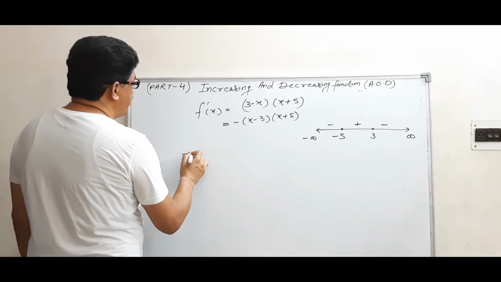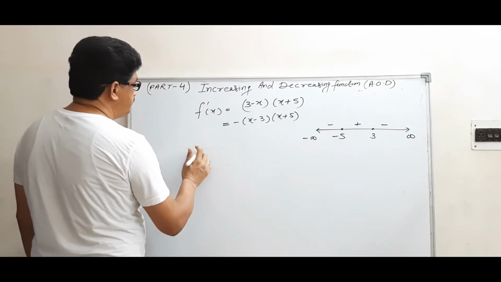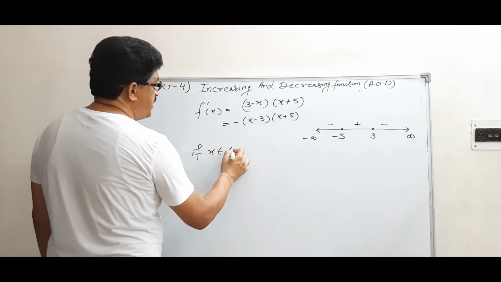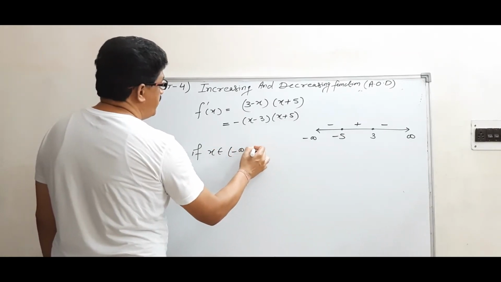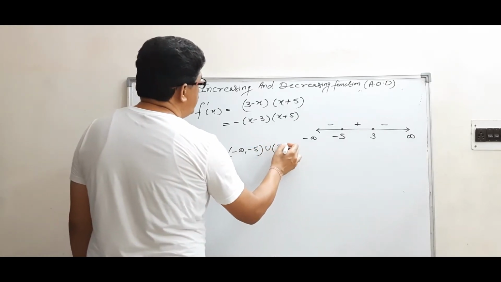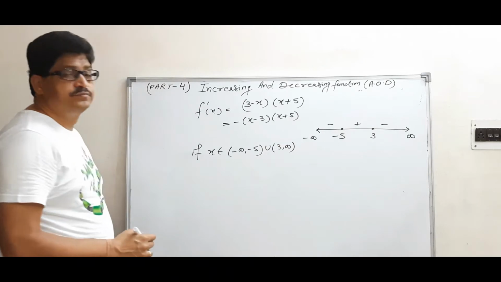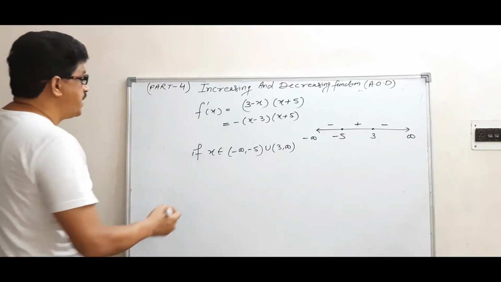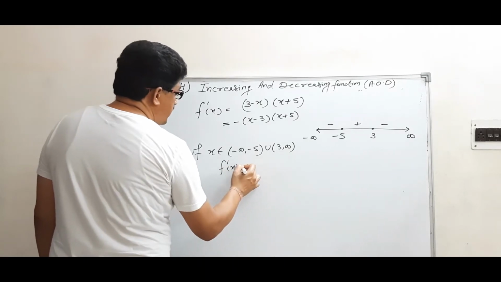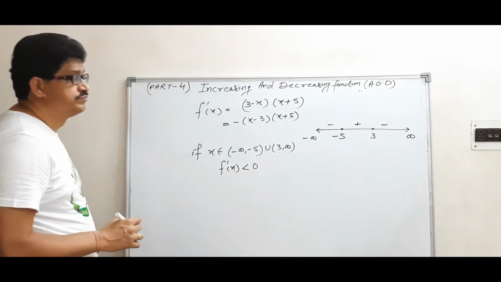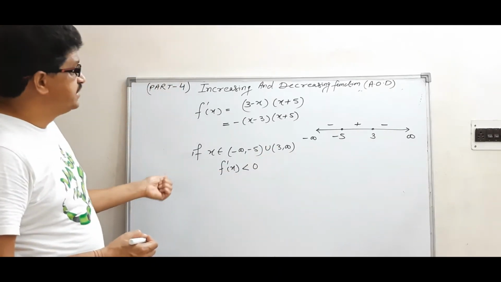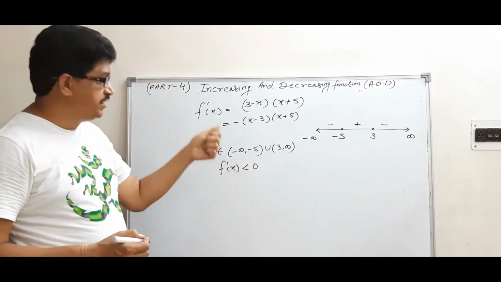It means if x belongs to minus infinity to minus 5 union 3 to infinity, f'(x) is less than 0. f'(x) less than 0, this function is strictly decreasing.